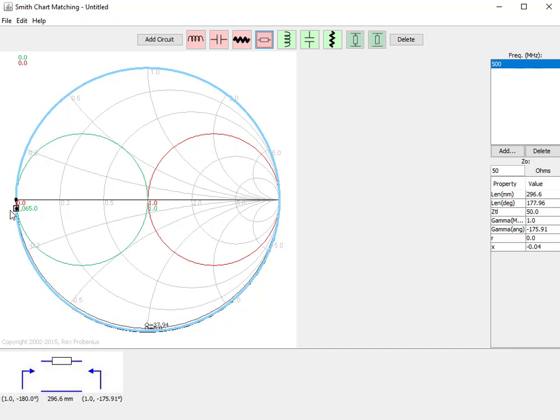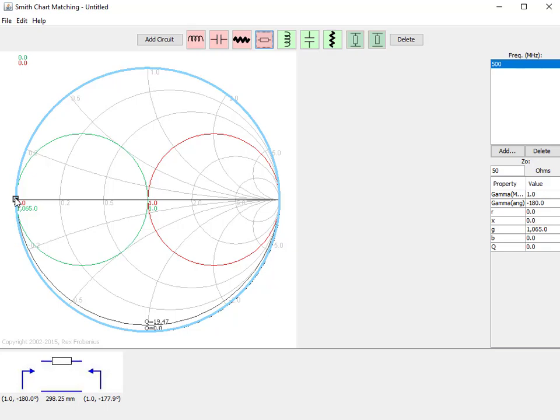I can show that half wavelength phenomenon occurs anywhere on the chart. I'll bring it just about close enough to where it's just about not exactly on top. That's going to let me click on the original termination.